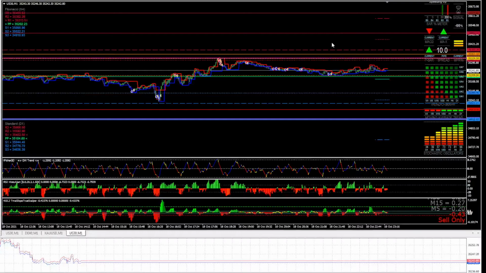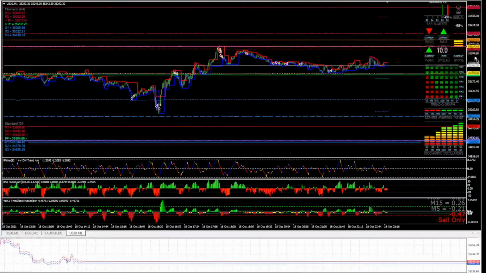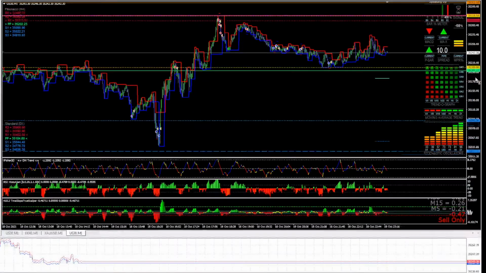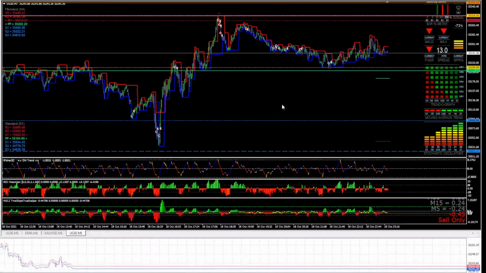All these levels are quite respected by the price, so it's a point of interest when you see the price coming to these levels. You might expect either a big bounce or a very strong reversal.